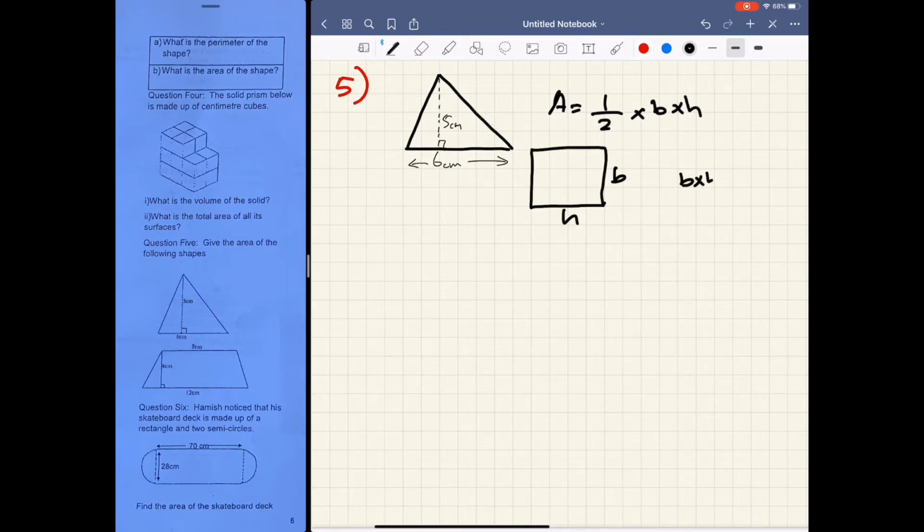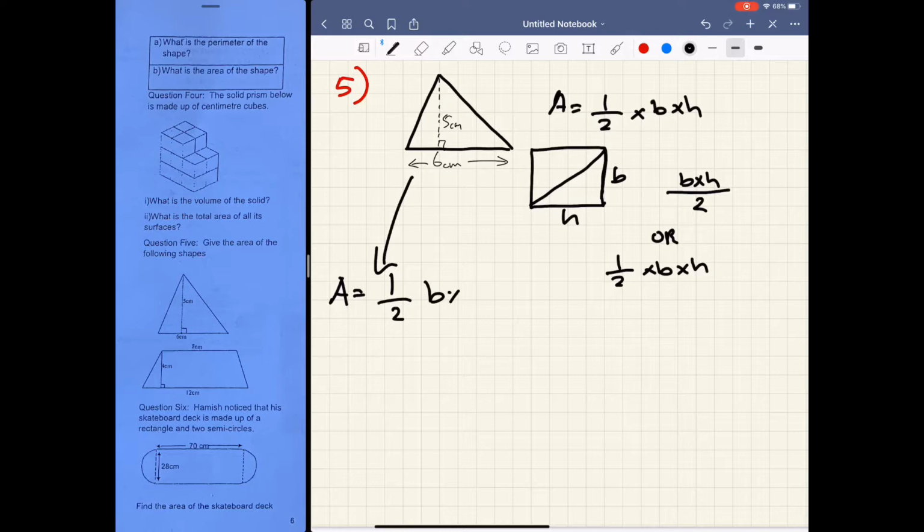But the area of a triangle is half that, so divided by 2, or half times base times height. So let's figure the area out of this triangle here. Area equals half base times height, which equals half times base is 6 times height is 5, which equals 30 divided by 2, which equals 15 centimeters squared.